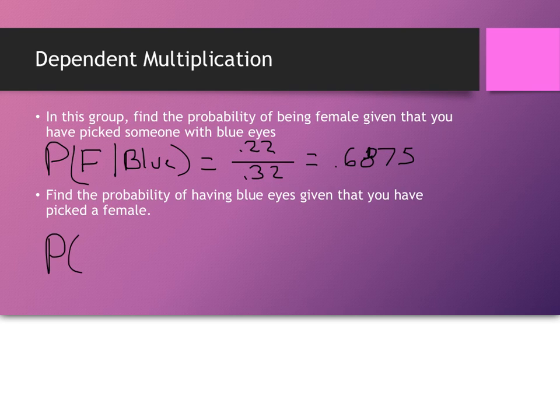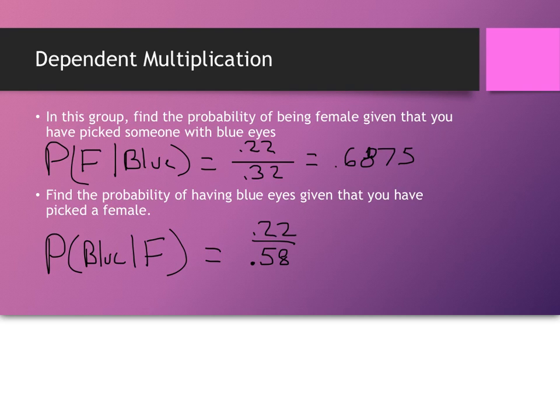The opposite, blue eyes given that you're female, well, that's going to be 0.58 on bottom, 0.22 on top.